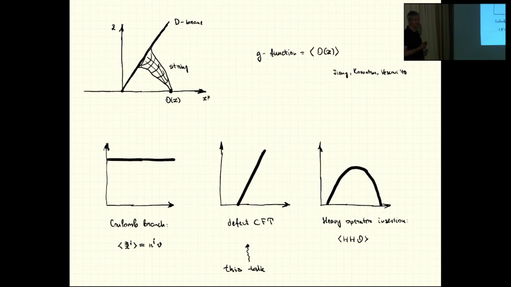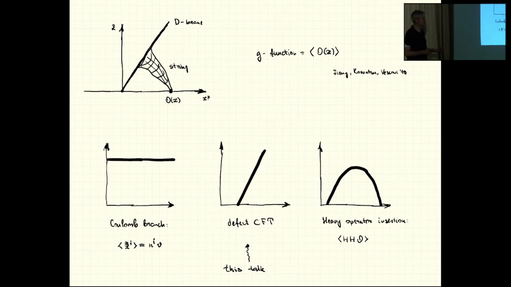In AdS/CFT, the string being infinite means that it goes down to the boundary. So what we are considering is a string that ends on the D-brane, or begins on the D-brane, then propagates in AdS, and then approaches some point on the boundary. This means that we are studying a correlation function of a single insertion.